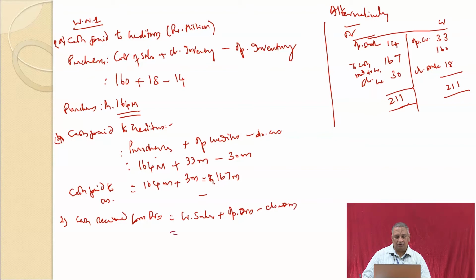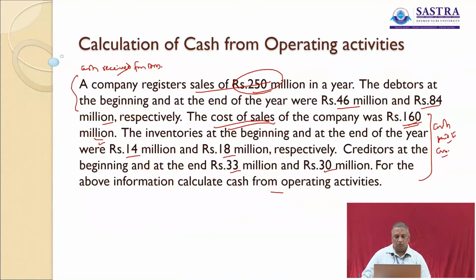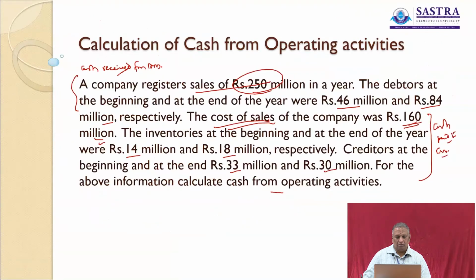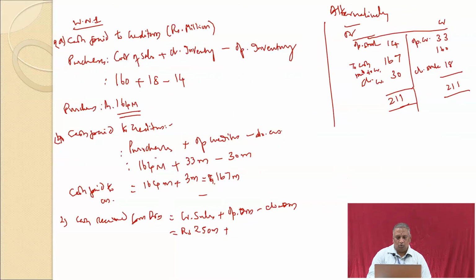So credit sales given in the question as 250 million rupees, plus opening debtors 46, minus closing debtors 84.